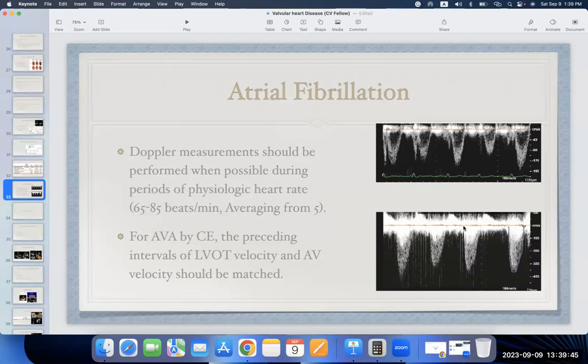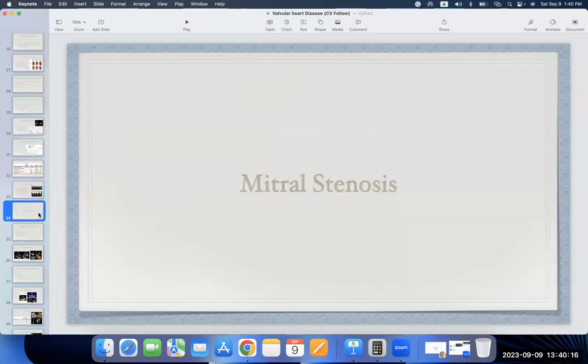I will measure the interval between here all the way to here, which is the preceding interval, and I will look for any LVOT VTI that has the same preceding interval. Let's say the duration between here all the way to here matches this one. So I can use this with this, because at the end of the day, when you calculate the aortic valve area, you are taking the ratio. So you don't need to average when you take the ratio. If you want to average, that will also be okay, but it will be time consuming.